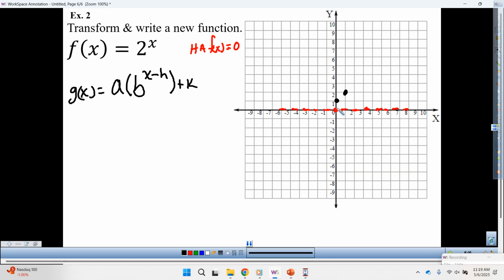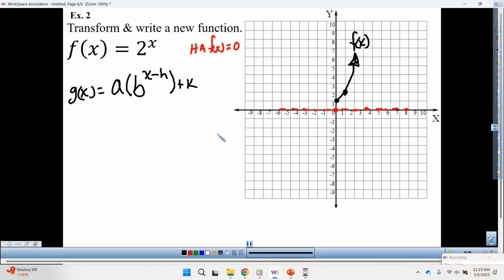Now, so that you know where I got those from, if I substitute x equals 0 here, what is 2 to the 0? It's 1. If I substitute x equals 1 here, 2 to the 1 is 2. And then from there, just sketch it going like that. And that's our f of x. So how many points are we going to use to graph our parent function? Only 2.